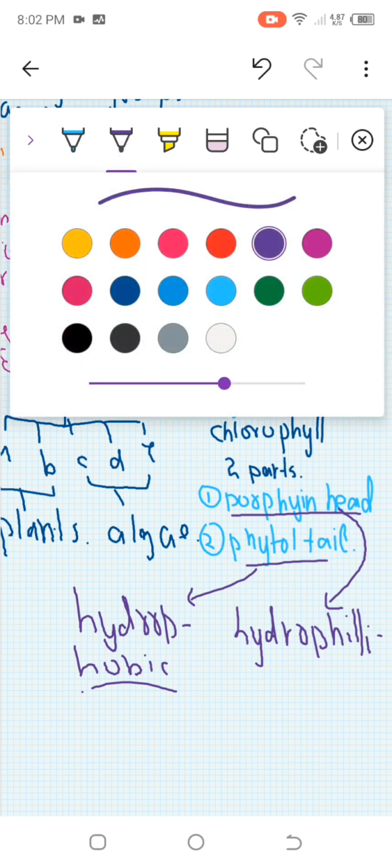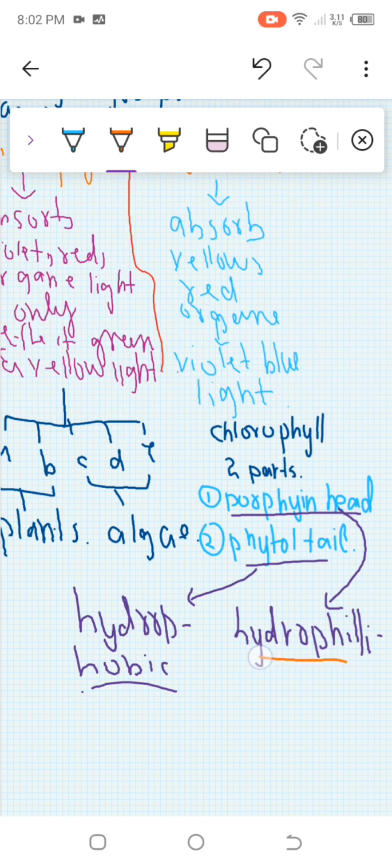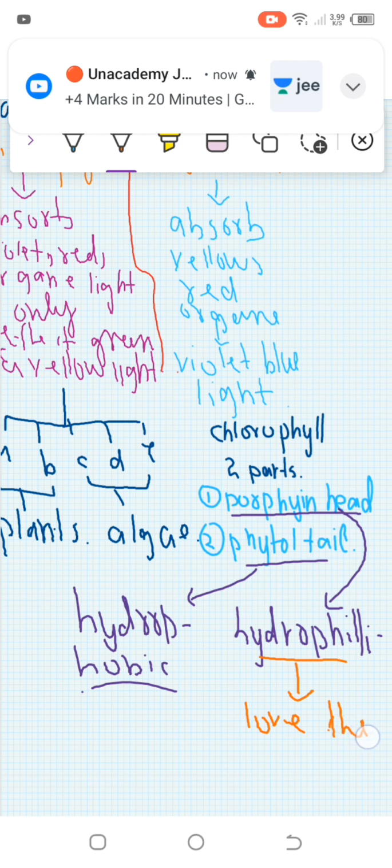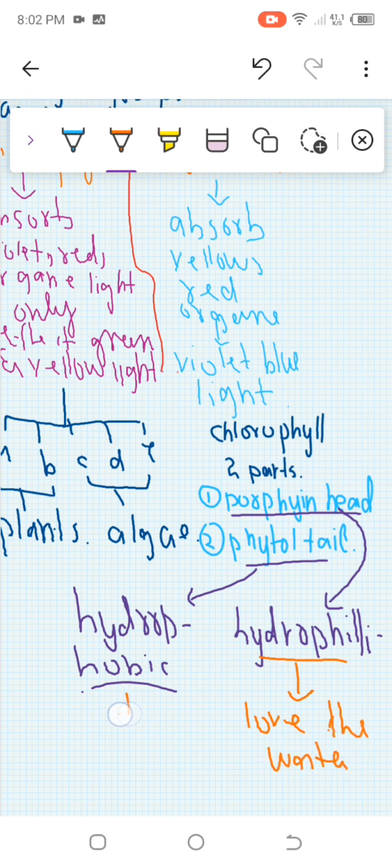Hydrophilic molecules are those which attract water, which love the water. Philic means love and hydro means water. And hydrophobic are those which hate the water, which do not love the water.